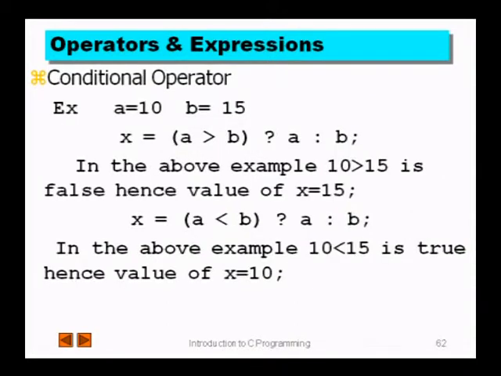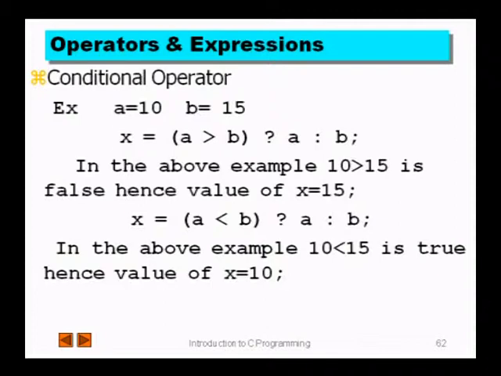Assume A is equal to 10 and B is equal to 15. x is equal to A greater than B question mark A colon B. Here 10 is greater than 15 is false, hence the value of the expression becomes 15.